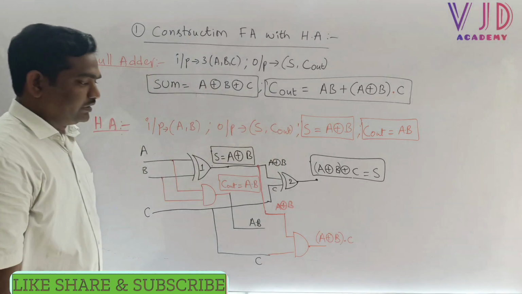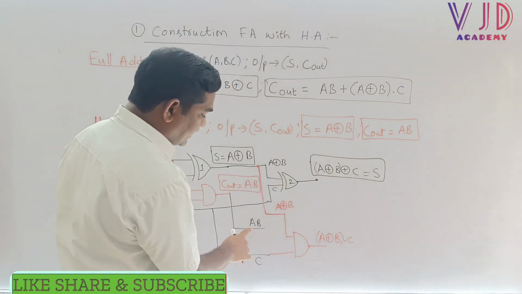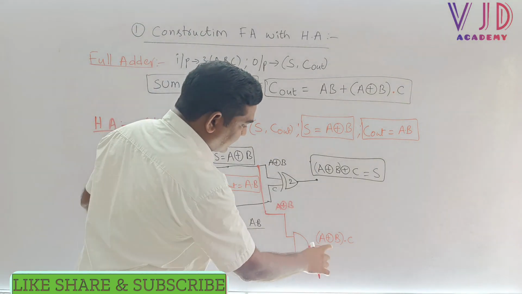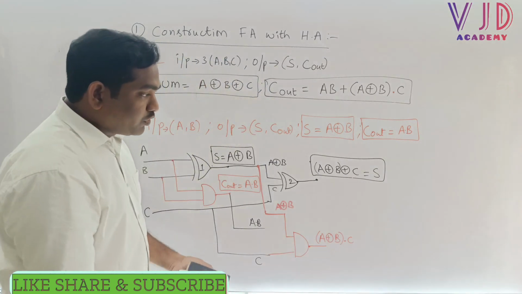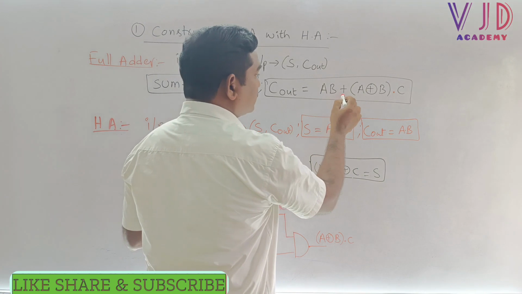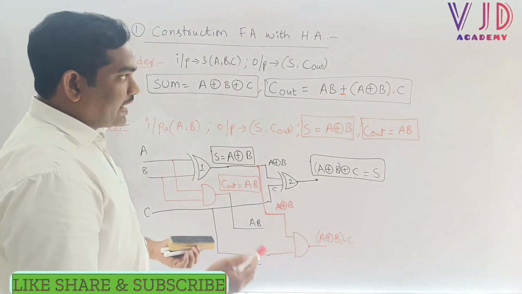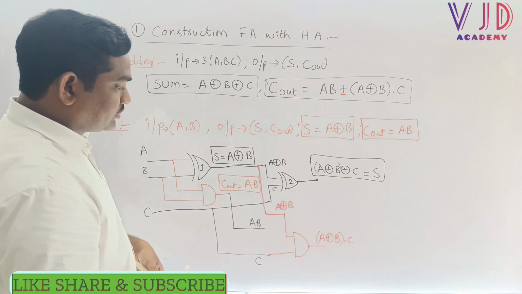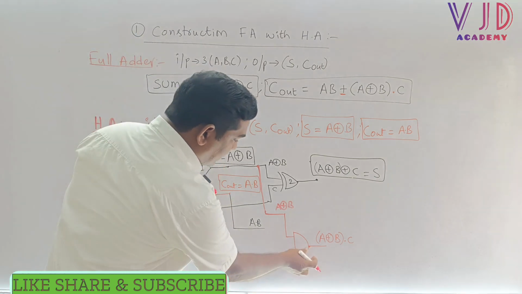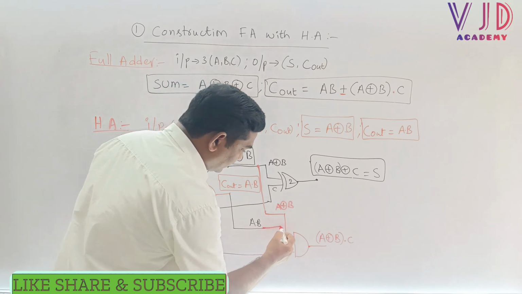This is the output. And now coming to the final output, this is AB, and this is (A XOR B) into C. To produce the final output, we need to use one OR gate between AB and (A XOR B) into C. So now between this gate and this connection, we need to use one more OR gate.